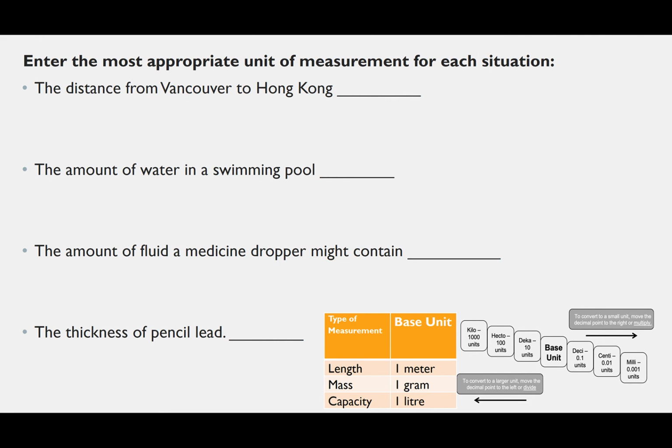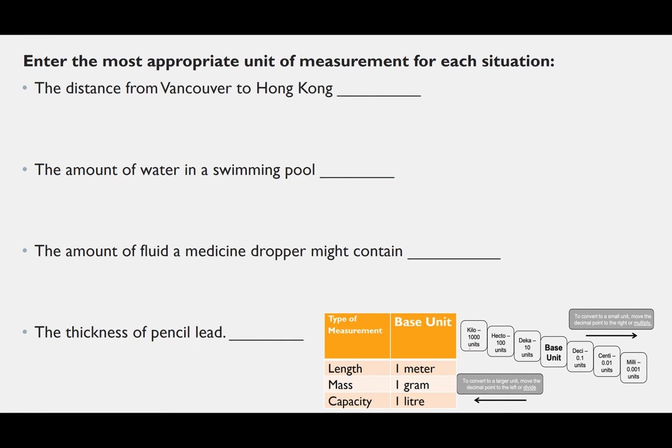Okay. Now we're going to enter the most appropriate unit of measurement for each situation. So if we were to measure the distance from Vancouver to Hong Kong, I think we already know that that is a pretty long distance. So we're going to want to use the largest unit that we have.